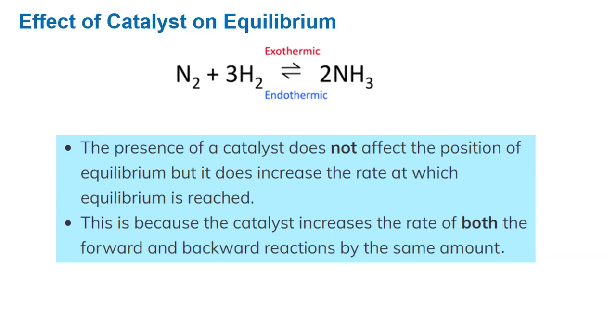In this example, iron is a catalyst for the reaction. A catalyst speeds up the forward and backward reactions equally. So, the reaction reaches equilibrium faster, which saves time. But the amount of ammonia does not change.